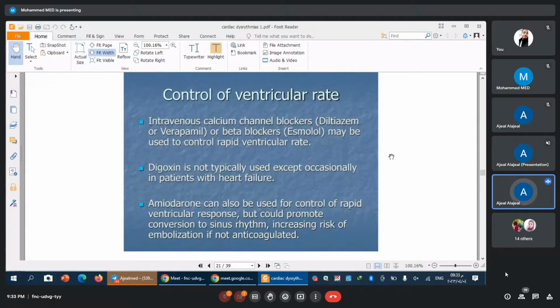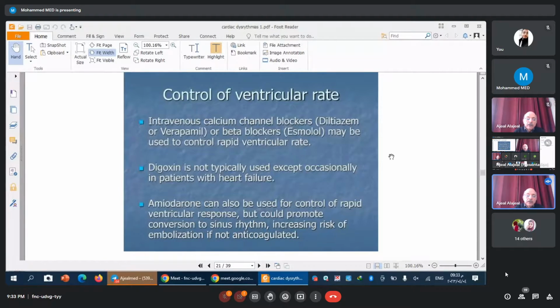Control of ventricular rate: intravenous calcium channel blocker. Verapamil, in my experience, is very effective. It is given intravenously, but very slowly under monitor. You keep your eye on the monitor, give the drug slowly and see what happens. It comes in vials of 5 milligrams.